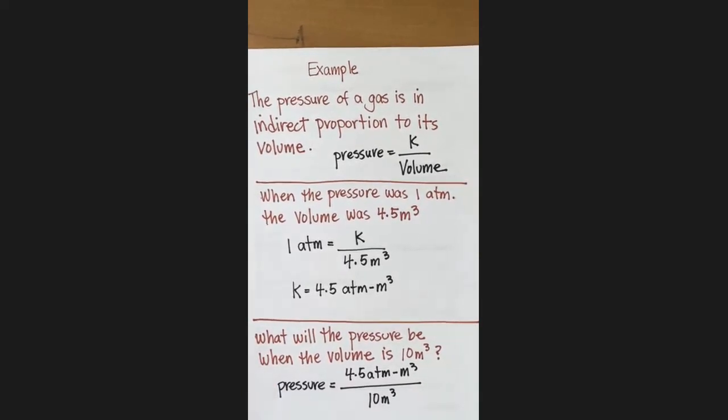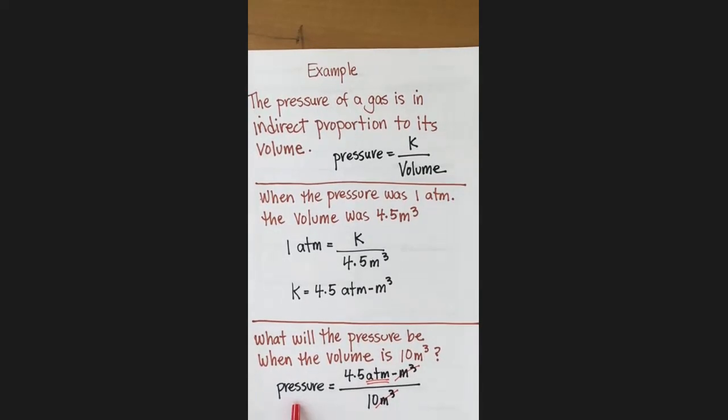Now, look what happens with the weird units. The meters cubed part cancels out, leaving you with atmospheres. Now, atmospheres is a unit of pressure. And so that has shown us that we're on the right track because we're looking for pressure. And so now all that remains is to do the math. And the pressure in this case is going to be 0.5 atmospheres.